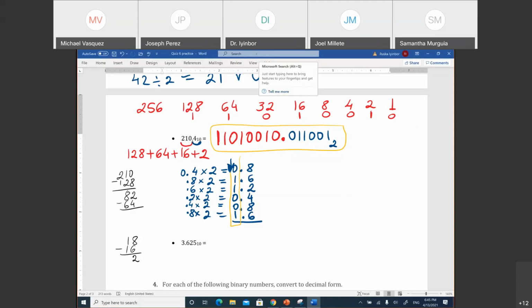If you have like 2.3, for example, doesn't matter if it's binary or whatever number, if I put zeros in front, they don't add value to the number. Or if you put zeros after the decimal like this, these zeros don't add value to the number. So you don't have to put the 0 here for 256. Yes, that's a good question.